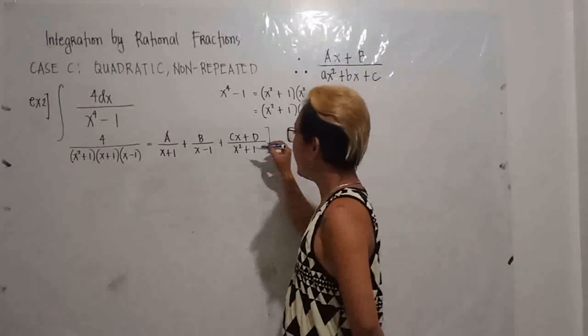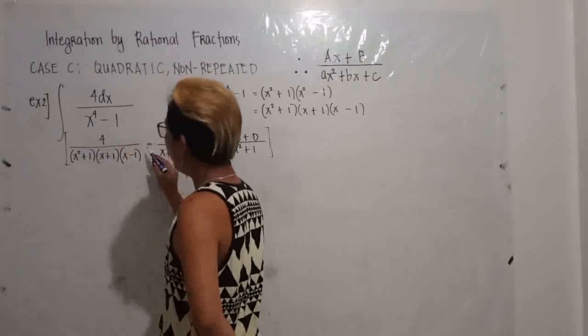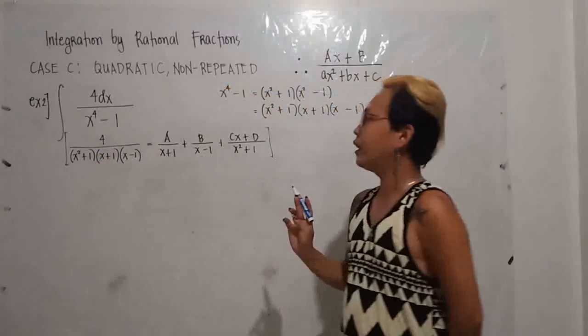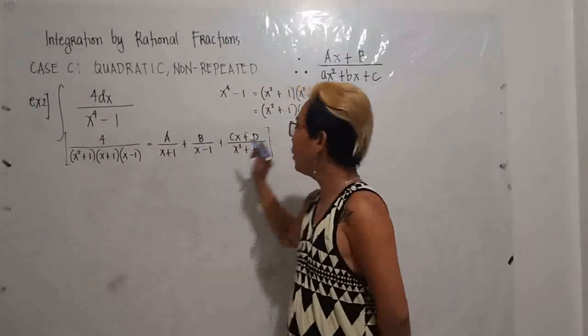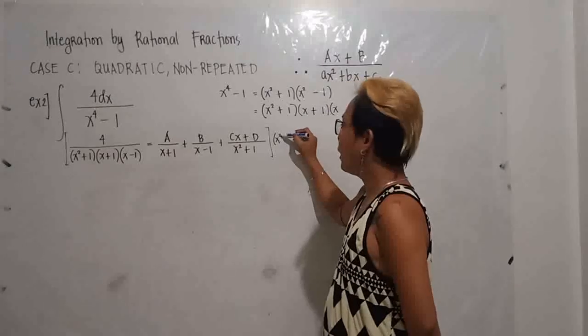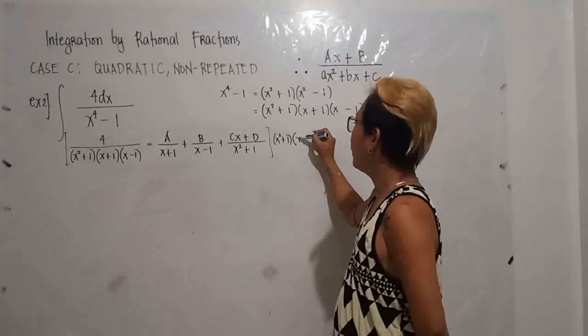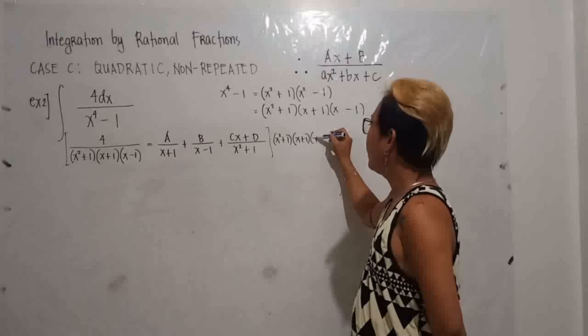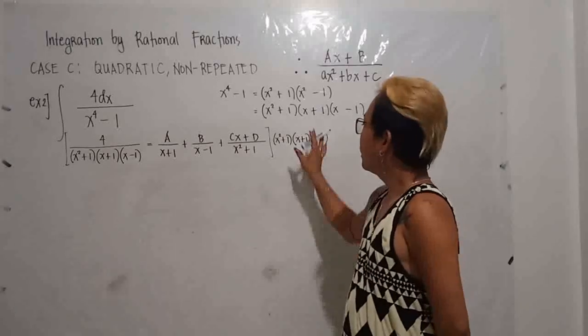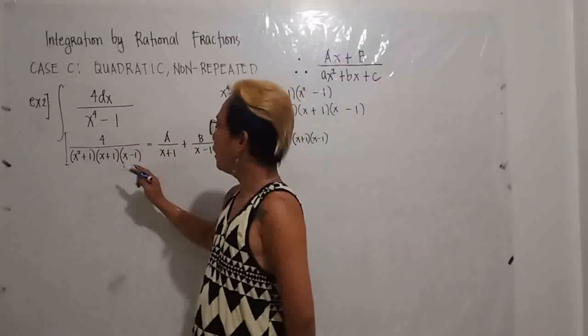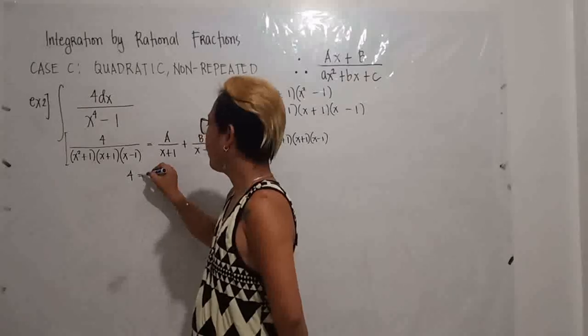So simplifying this equation again, by multiplying the whole equation by the denominator of your original equation, which is x squared plus 1 multiplied to x plus 1 multiplied to x minus 1. So multiplying this to this side, ang matitira na lang is 4.